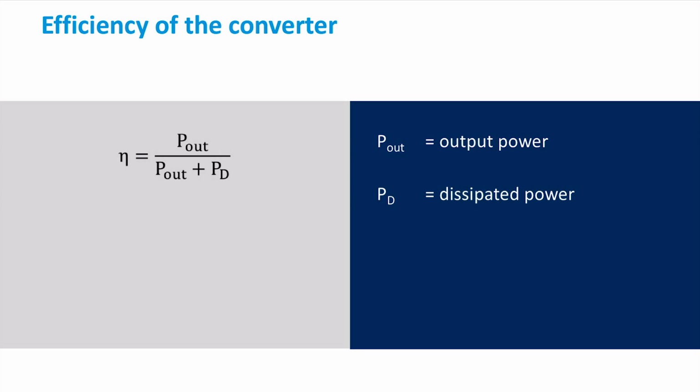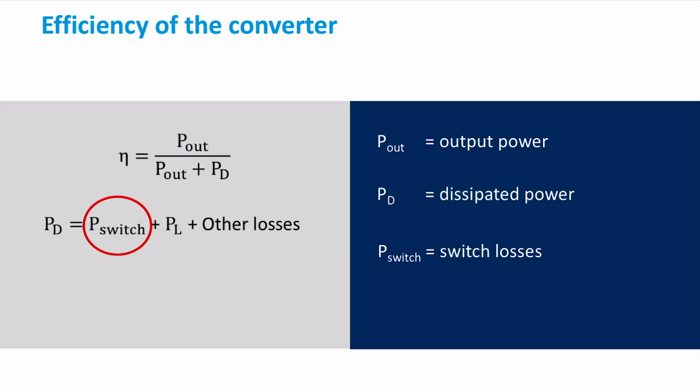To calculate the efficiency of the converter, let's see where the losses are located in the circuit. The efficiency of the converter is defined as the power output divided by the power output plus the dissipated power. This dissipated power is divided into three main groups so that we have the losses in the switch, which depends on the type of switch and the technology employed inside the DC-DC converter.